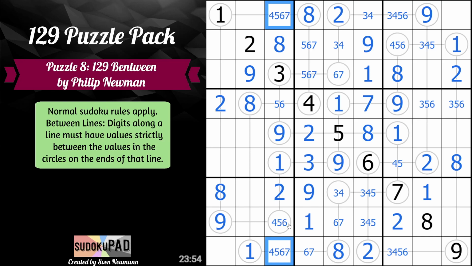And then how do we get from 4 to 9? Well, 4 could be 5, it could be 6, it could be 7, and it can't be 8, of course. And 3 goes here and here. And 7 goes here, here.